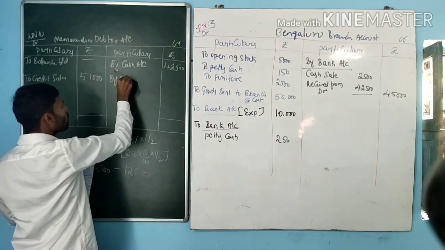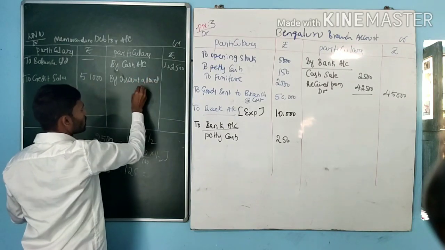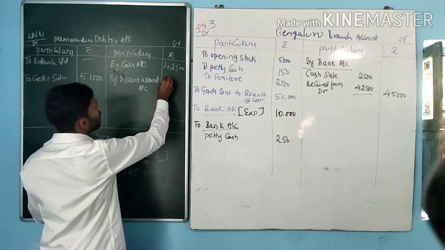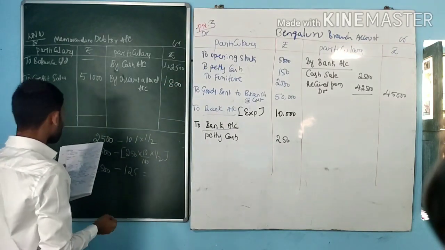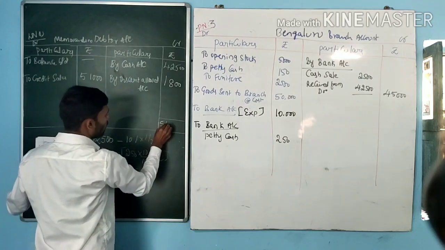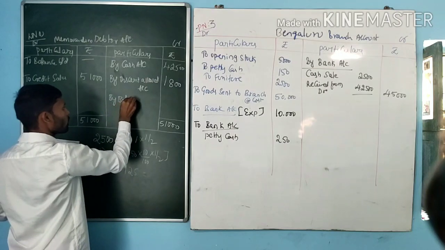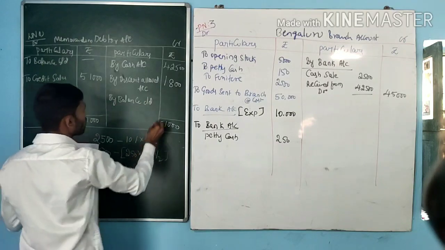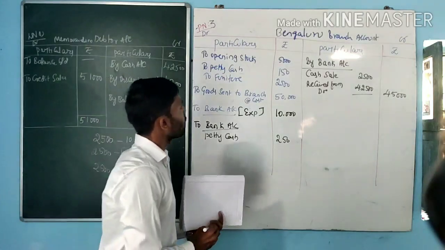By discount allowed, when the discount is allowed, the amount we collect becomes less, that is 1,800. Right? Add both the amounts; the debit side is more, that is 51,000, and the balance is by balance carried on, closing balance of debtors, that is 6,700, and this will go to be written in the branch account.